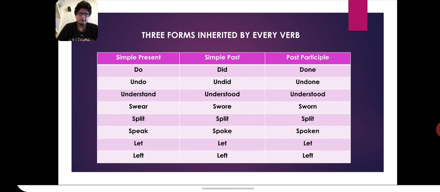Then again, you've got three different forms: do, did, done; undo, undid, undone; understand, understood, understood. Now, children, this is something that has to be accepted exactly as it is. There is no other modification that can be made to the three forms that are taught to every person who's willing to learn English.